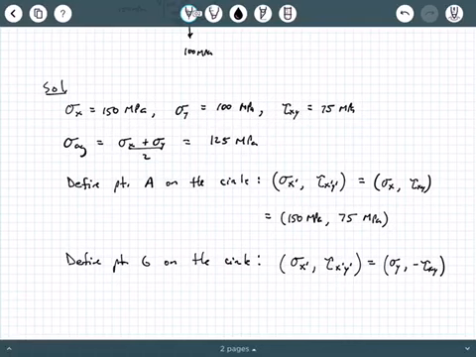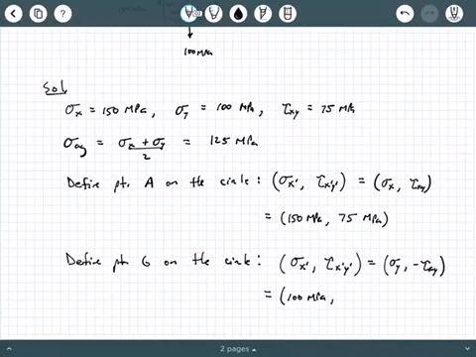And so when we rotate our local axes 90 degrees counterclockwise, our sigma x prime is corresponding with sigma y, and then our tau x prime y prime would correspond with negative tau xy. So again, that would always be the case when you rotate the local axes 90 degrees counterclockwise.